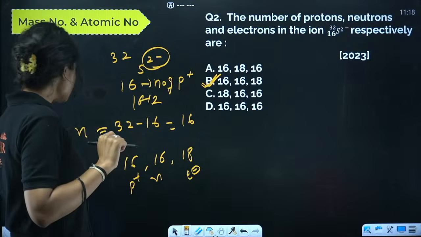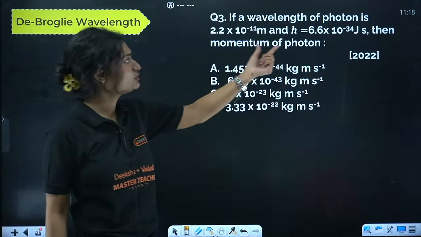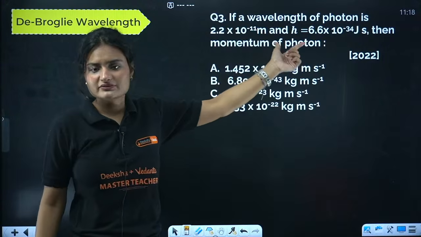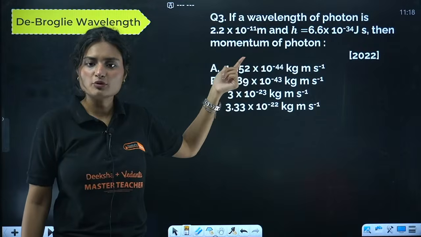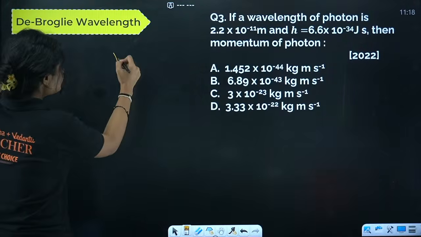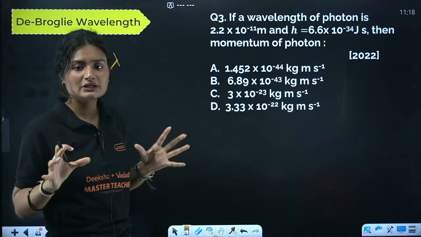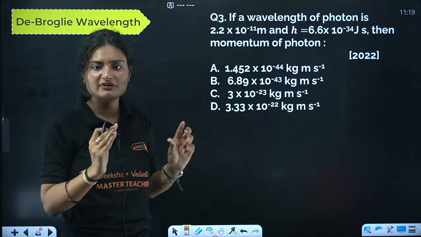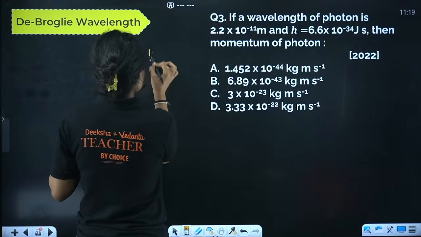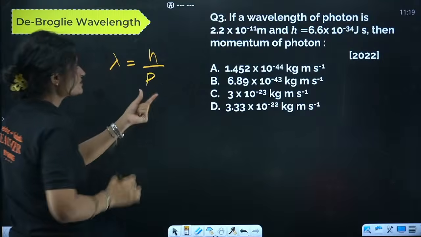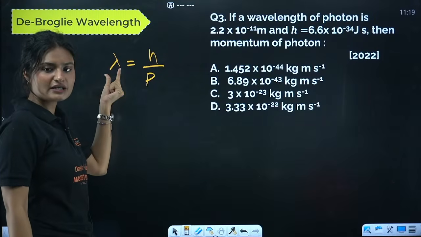Okay, next question. If the wavelength of a photon is given and you are given the Planck constant, then you need to tell the momentum. You know the de Broglie relationship between momentum and wavelength: lambda equals h by p. P is momentum, h is Planck constant, lambda is your wavelength.